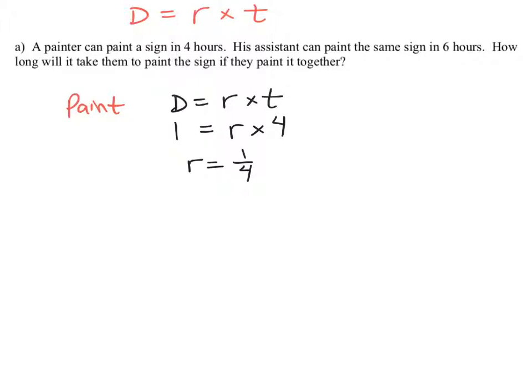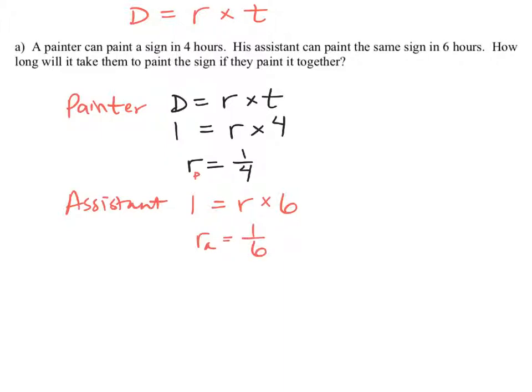So that's the rate for the painter. The rate for the assistant is one sign times the rate for every 6 hours. So the rate for the assistant, I'm going to use little subscripts here, is one sign every 6 hours.